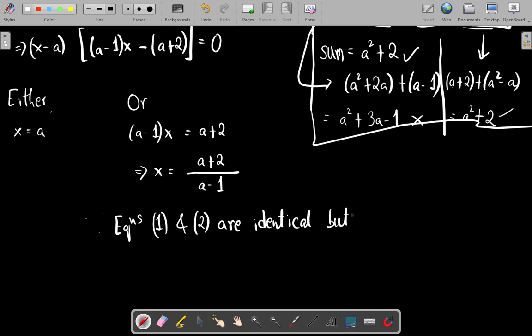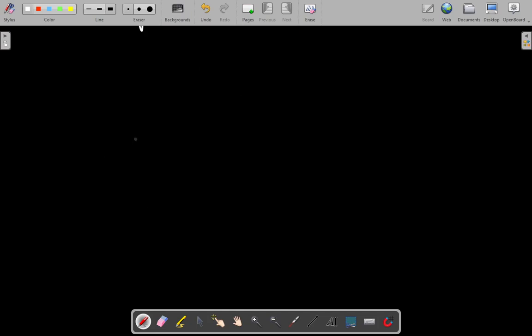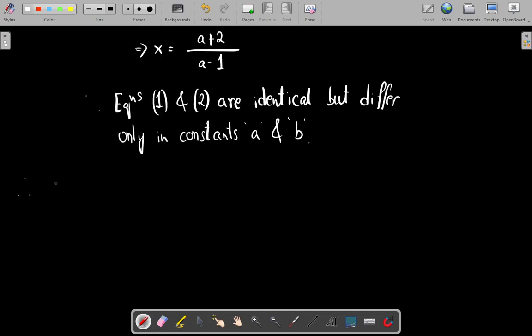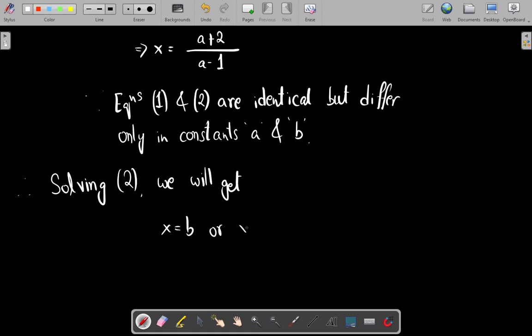Therefore, solving equation 2, we will get either x equal to b, or x equal to b plus 2 upon b minus 1. Okay.